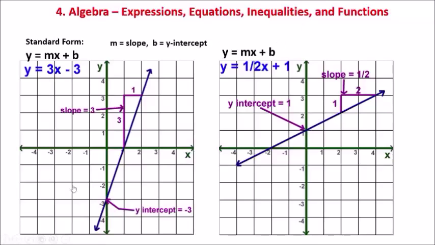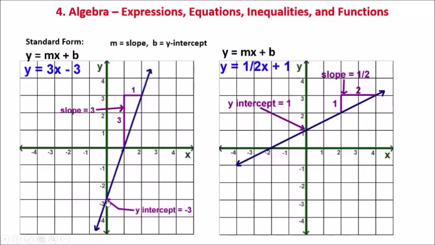Okay, so let's look at this blue line here. If you look at the slope, rise over run is 3 over 1, so the slope is 3. Look at where it's cutting the y-axis: exactly at minus 3, so the intercept is minus 3.